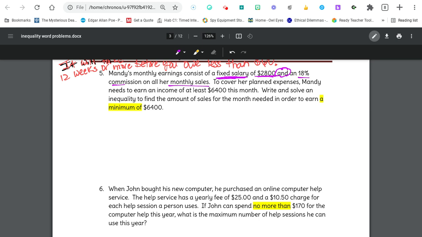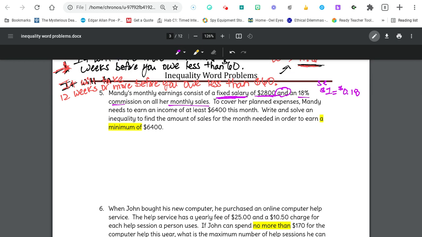So 18% commission, if y'all don't know what that is, it's like if I go sell $1 worth of whatever merchandise, I'm guaranteed to get 18 cents from the company. Let me write it up where you can see it. So if I sell this, I get to keep 18 cents.